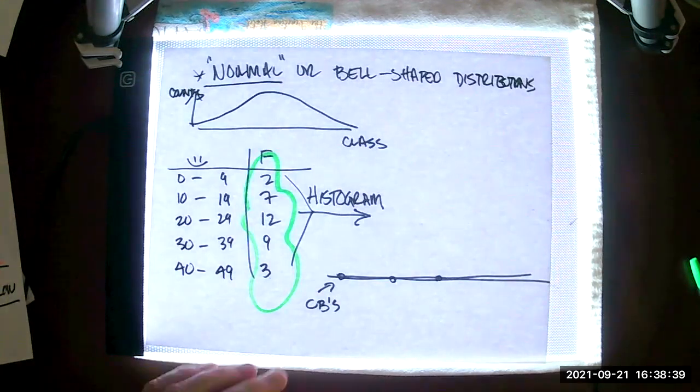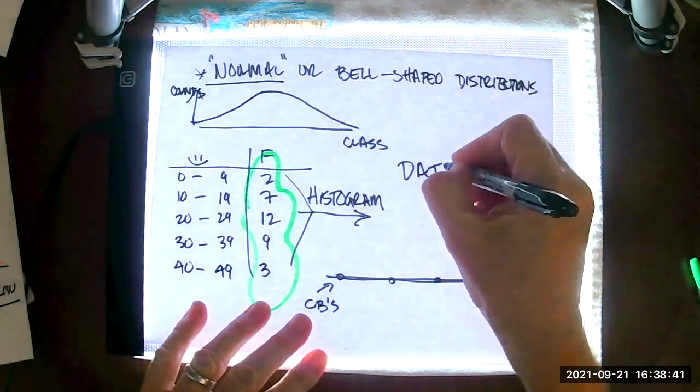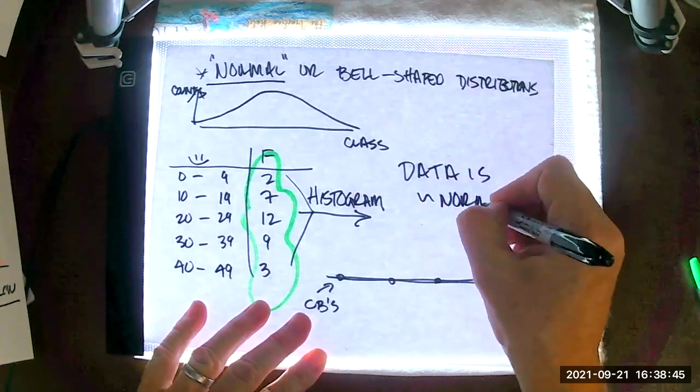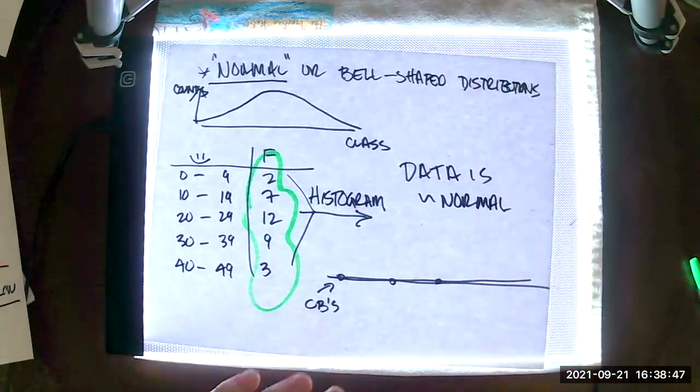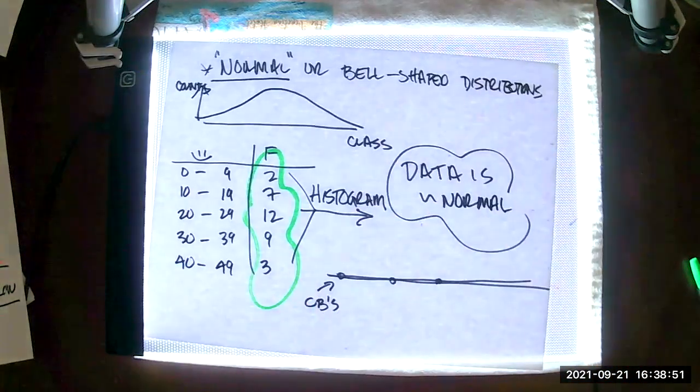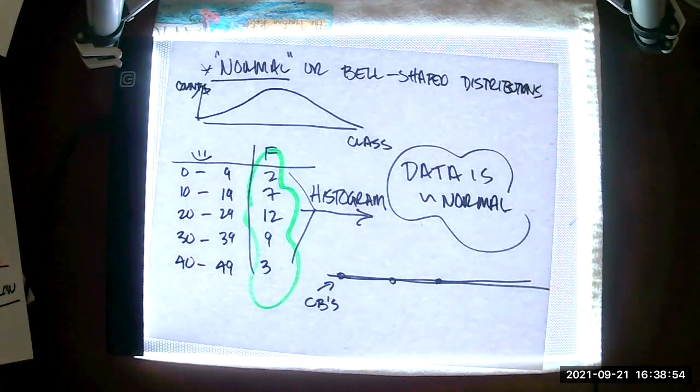So what we can say is that the data is approximately normal, or if you just say normal, that's okay also. But it's a recognition thing. And by the way, when I give you data in tables such as this, and I ask you a question like this, is it normal?